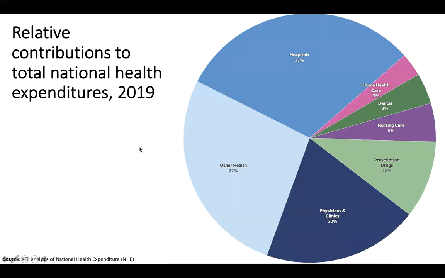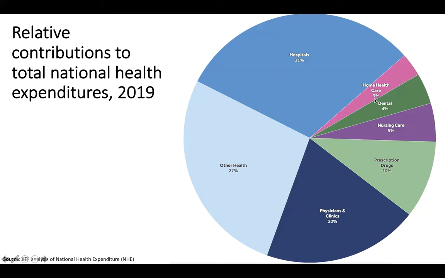When we look at the components of healthcare spending, based on the data collected in 2019, we see that three components form about 60% of the total spending. 20% is the money going to physicians and clinics. 30% is the money going to hospitals and all the operations that they do. And about 10%, which is huge, is the money going to prescription drugs.